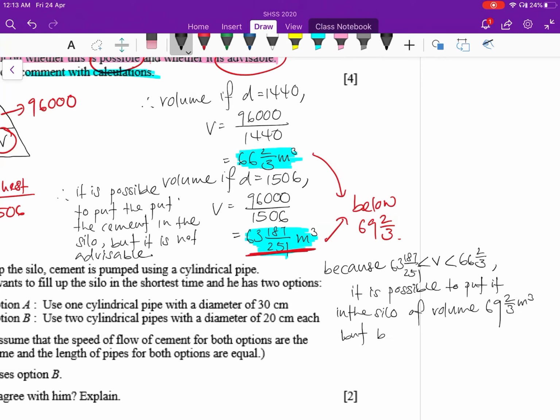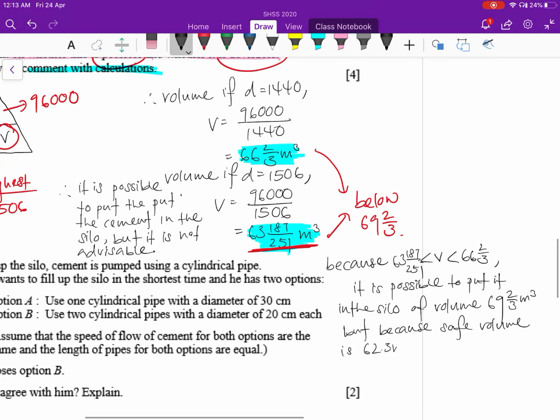But because the safe volume is 62.3 meters cubed, it is not advisable. Alright, so you need to explain your answers.